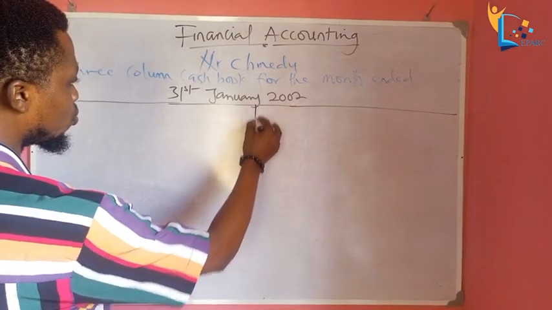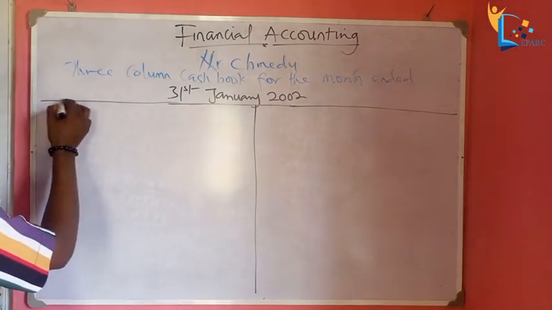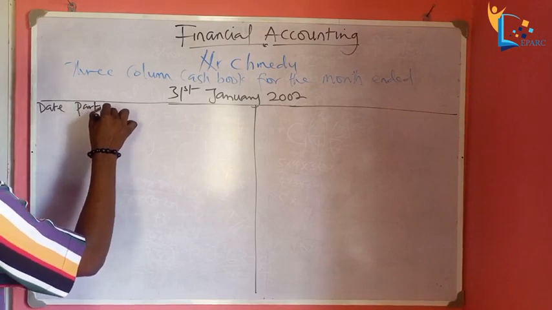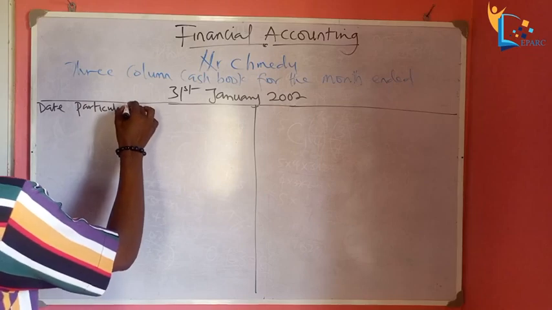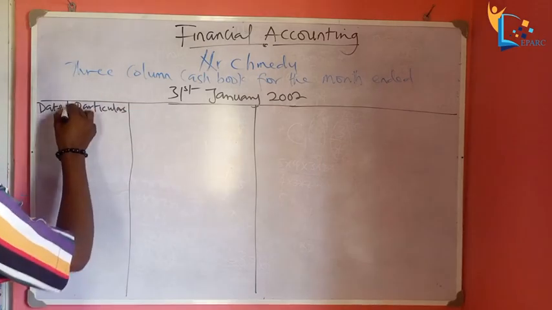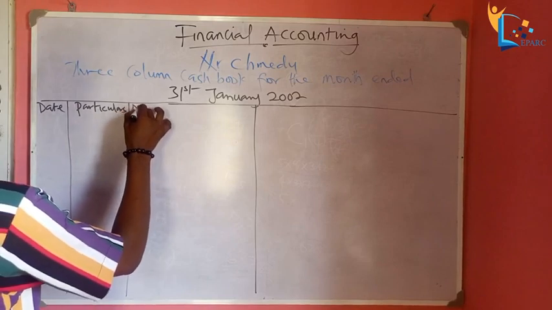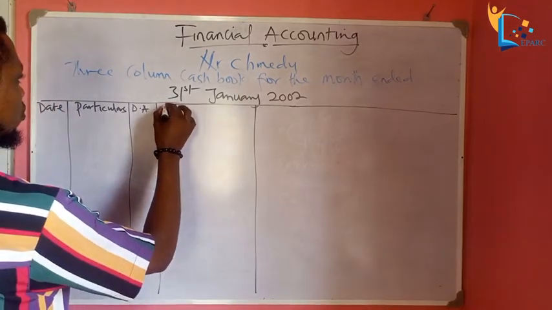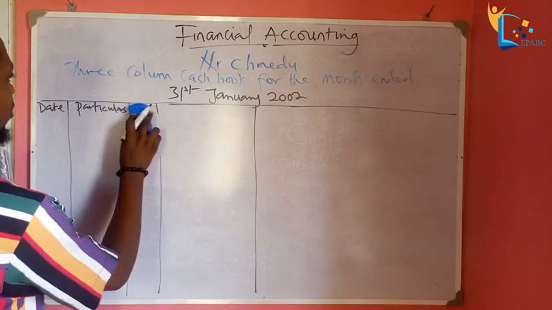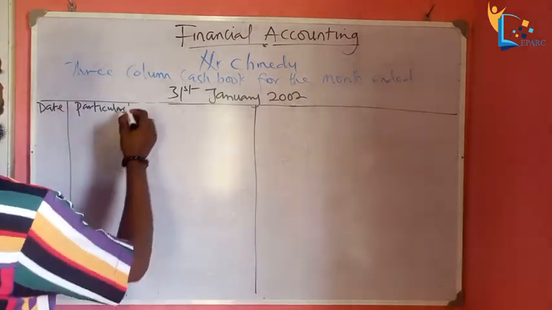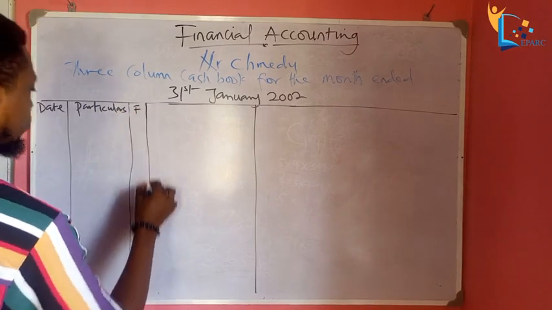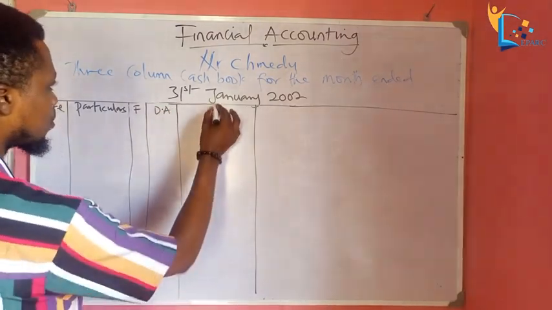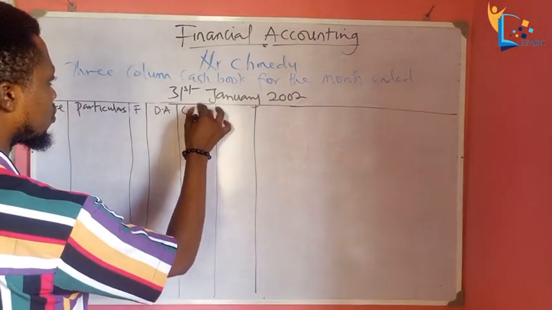Then you divide into two. Then you have your dates, your particulars, folio, discounts allowed, cash, and bank.